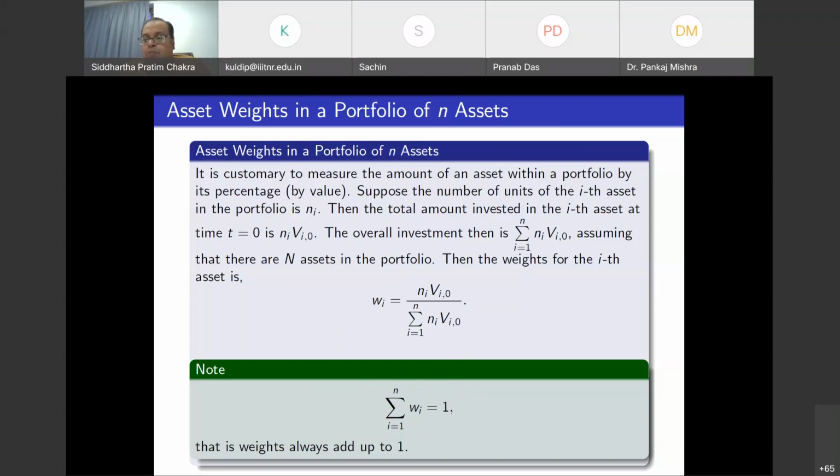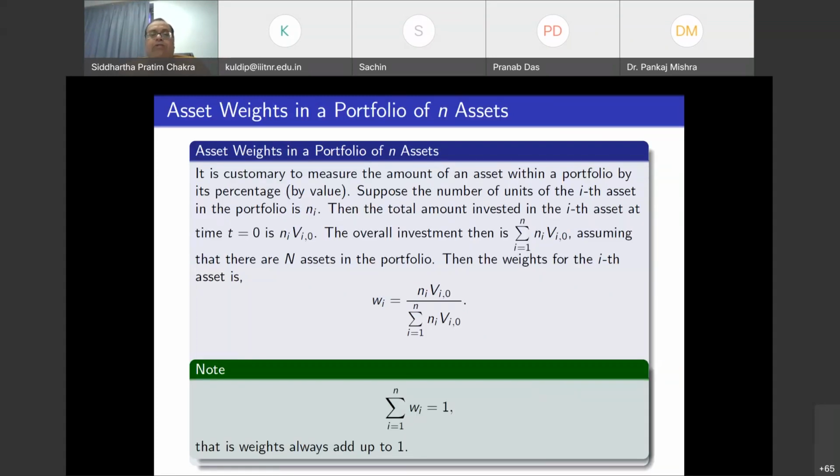So from this point onwards, we will not look at a portfolio in terms of theta 1, theta 2, all the way to theta n, but we will talk only in terms of weights, given as W1, W2, all the way to Wn, such that the sum of all these Wi's is equal to 1.